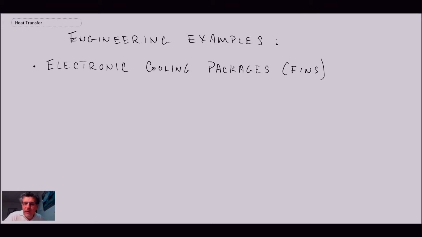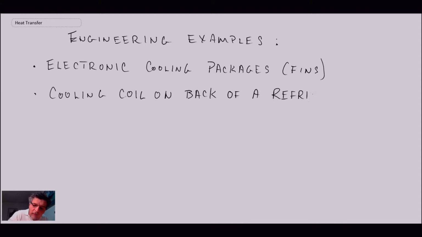The first one that we'll look at are electronic cooling packages or fins. Then we will look at another form, which is natural convection on the back of refrigeration systems or refrigerators. And the last thing that we will take a look at is heating systems.